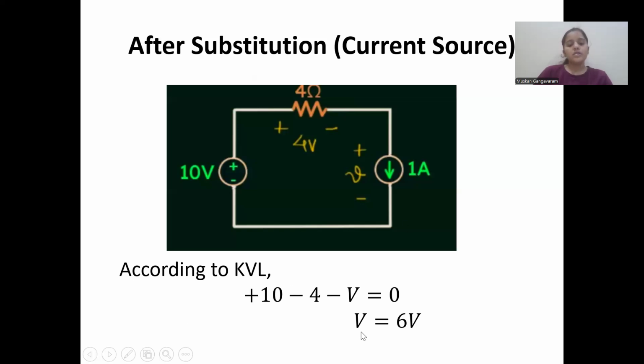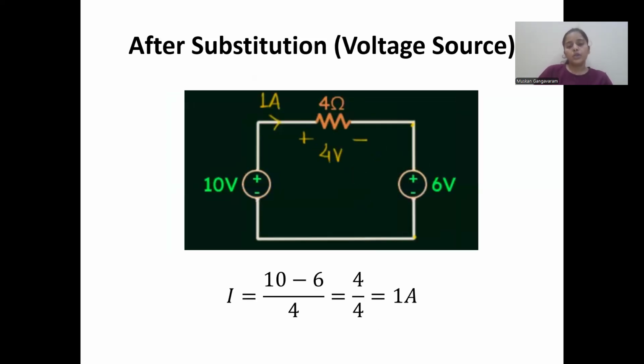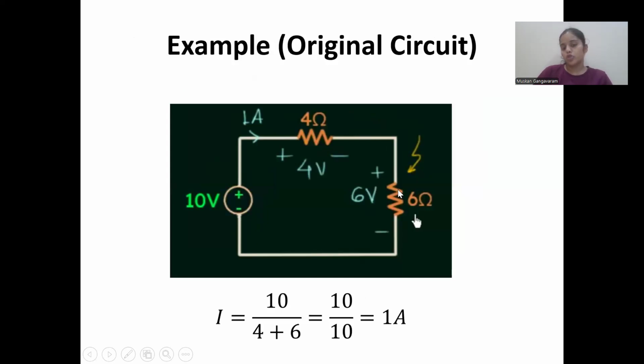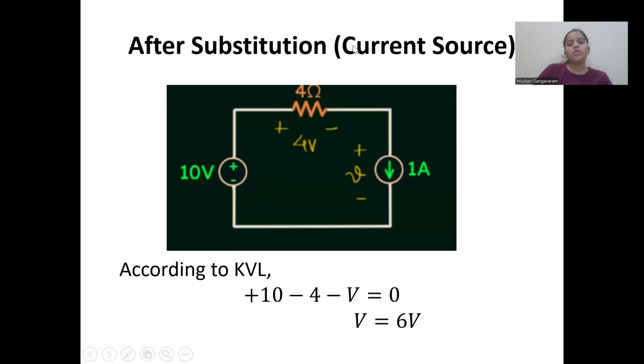When we solve this equation, we get the value of V as 6 volts, which is the same voltage drop as in the previous two circuits. Here the value of voltage is 6 volts, and here the value of voltage drop is 6 volts. The current and the voltage drops across the three circuits are the same even after replacing the sources.